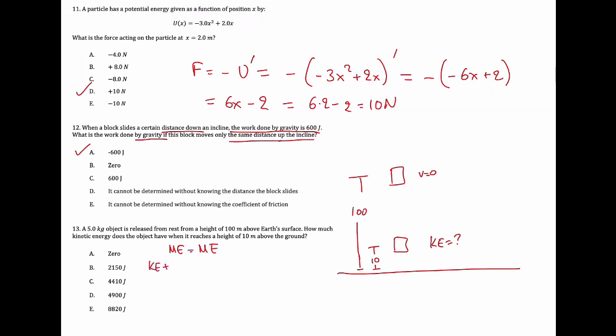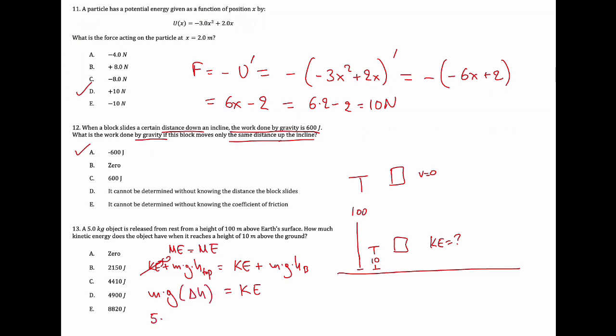Kinetic energy plus mgh at the top will be equal to kinetic energy plus mgh at almost the bottom. The initial kinetic energy was 0, so the answer will be m times g times height top minus height bottom, so basically delta h.